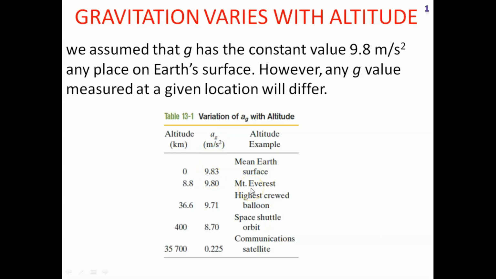On the highest point of Mount Everest, that is the altitude 8.8 kilometers, the acceleration due to gravity is 9.8, and for the communication satellite, which is at 35,700, you can approximately consider 36,000 kilometers, it is 0.225 meter per second square.